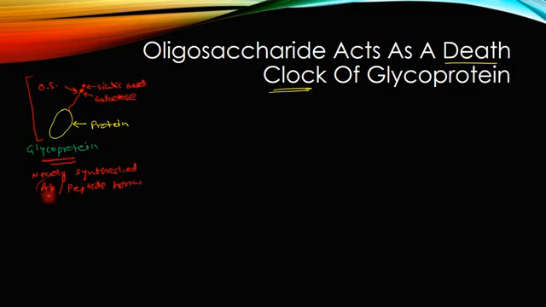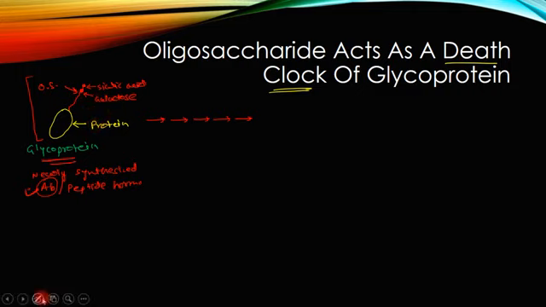For example, antibodies are synthesized in the plasma cell, and this is a just-synthesized protein. Then it has this complete structure, with terminal sialic acid and galactose just beneath it. With the passage of time, this glycoprotein becomes old and aged, and at some point in the future it requires destruction, because after some time the protein becomes damaged. So after a certain amount of time, these newly synthesized molecules need to be destroyed.